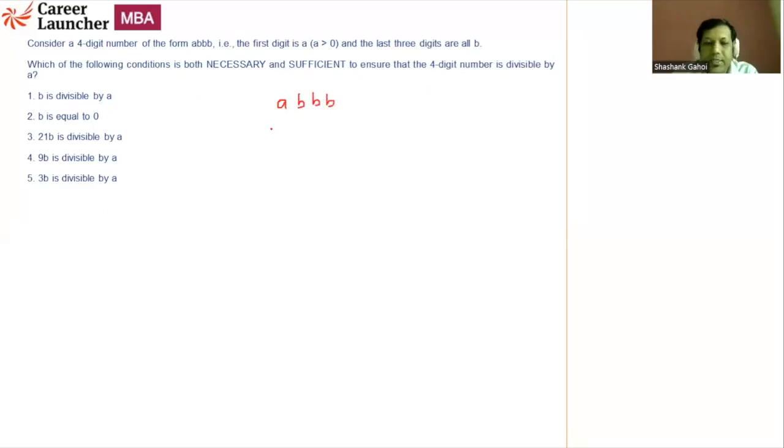Now I can expand this number as 1000A plus 100B plus 10B plus B. So I can say 1000A plus 111B.